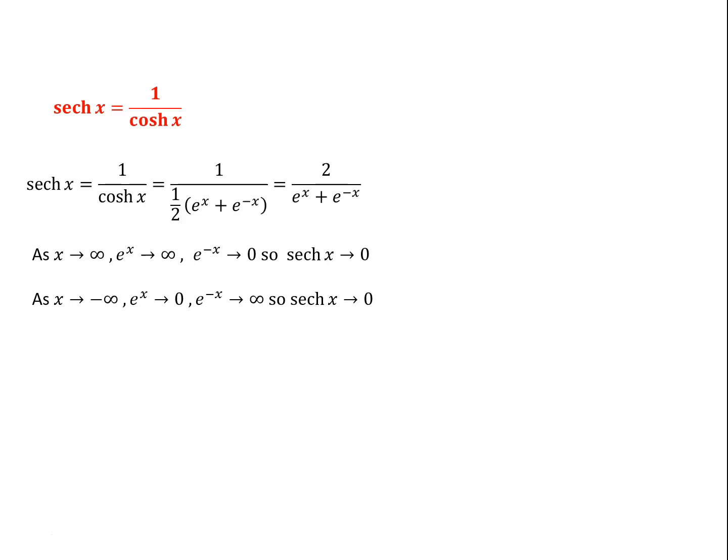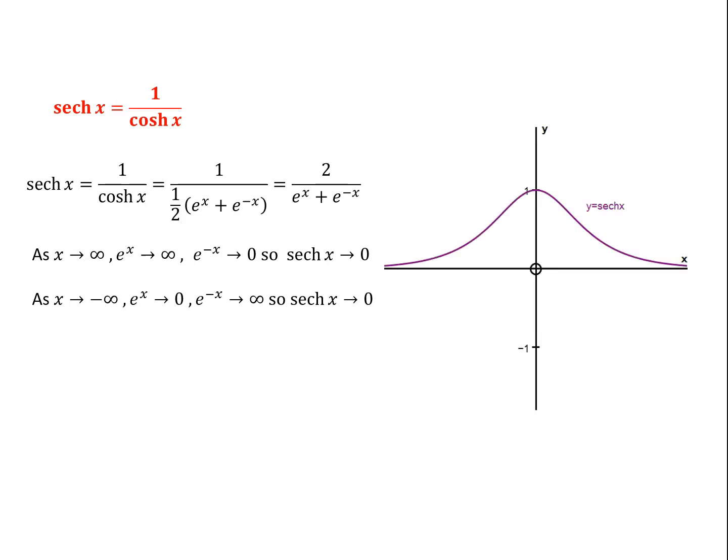In other words, sech x is tending to 0. We know that cosh of 0 is 1, so sech of 0 is also going to equal 1. So our graph of y equals sech x looks something like that.